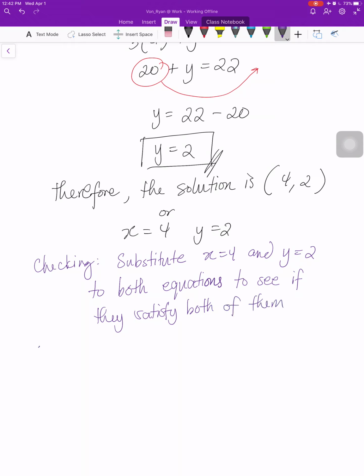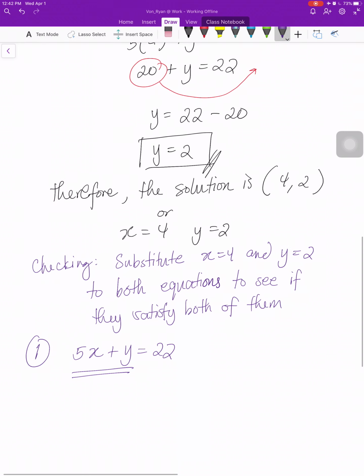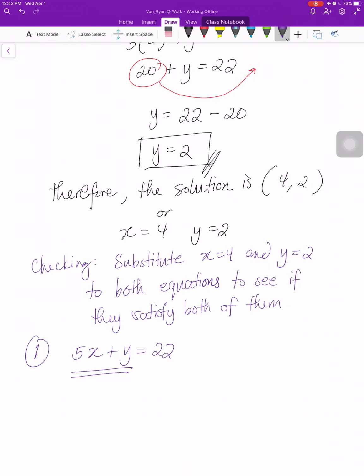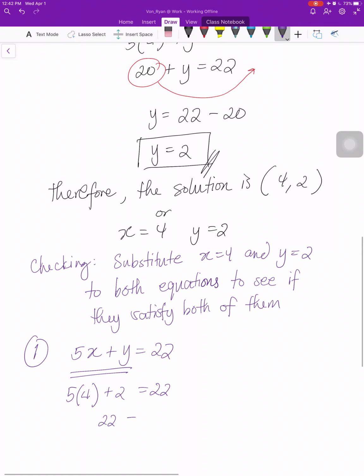Let's try equation 1 first. Equation 1 is 5x plus y equals 22, so this side of the equation must be equal to 22 as well to conclude that the solution satisfies this equation. So 5 times 4 plus 2 gives you 20 plus 2, so 22 equals 22.